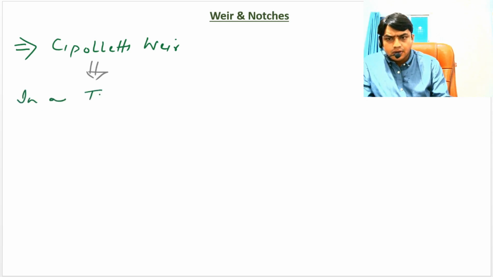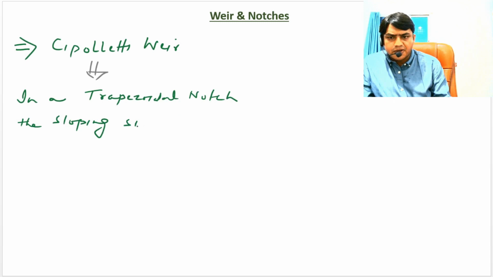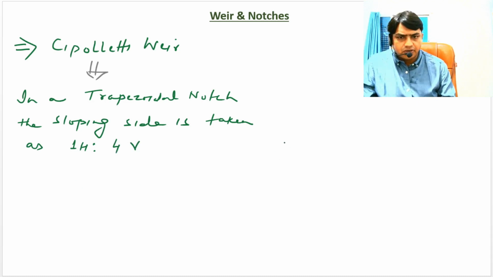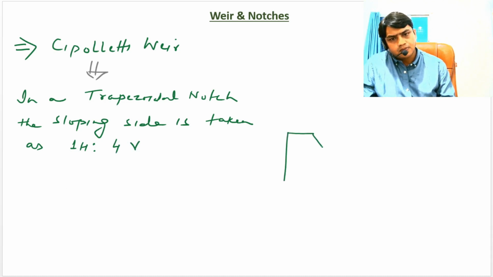In a trapezoidal notch, the sloping side is taken as one horizontal to four vertical. So let us assume this is our trapezoidal channel or trapezoidal notch.